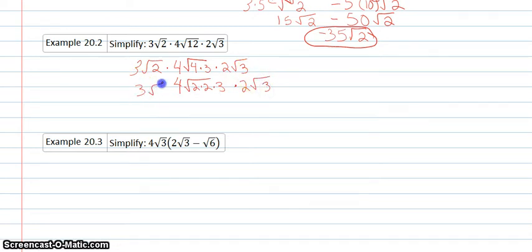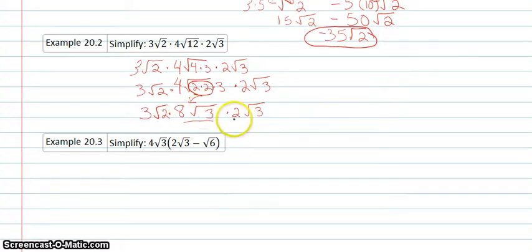And that 3 square root of 2 over here stays the same. Well, here I have 2 2's, or a pair of 2's, so they could come out and multiply with the 4. So that would be 8 square roots of 3 times 2 square roots of 3 times 3 square roots of 2.